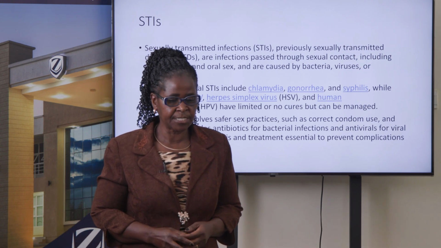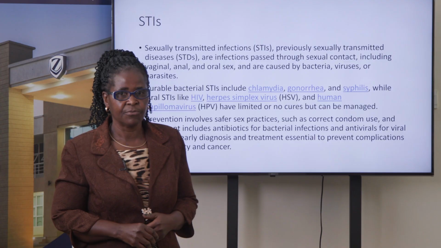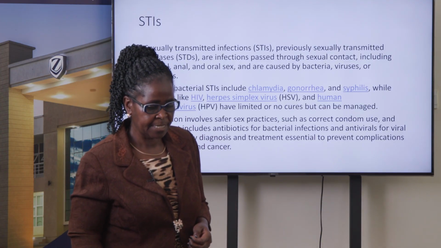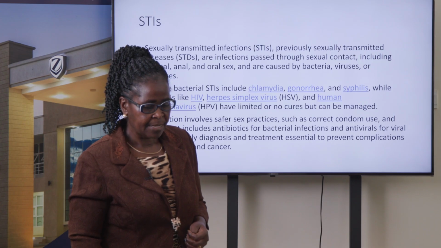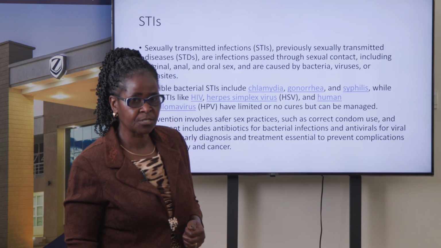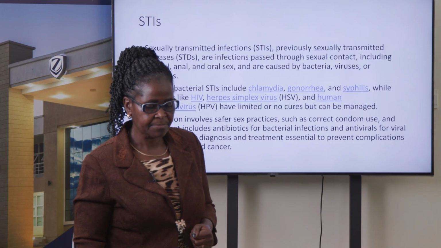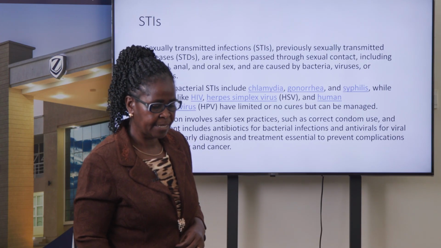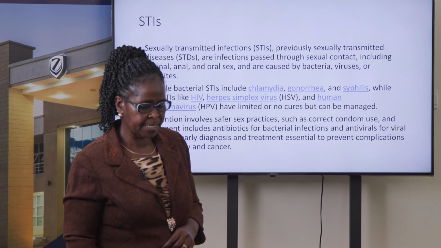So we normally say sexually transmitted infections, which we used to call sexually transmitted diseases previously. They are infections passed through sexual contact. That is including sexual contact through the vagina, the anal or oral sex.